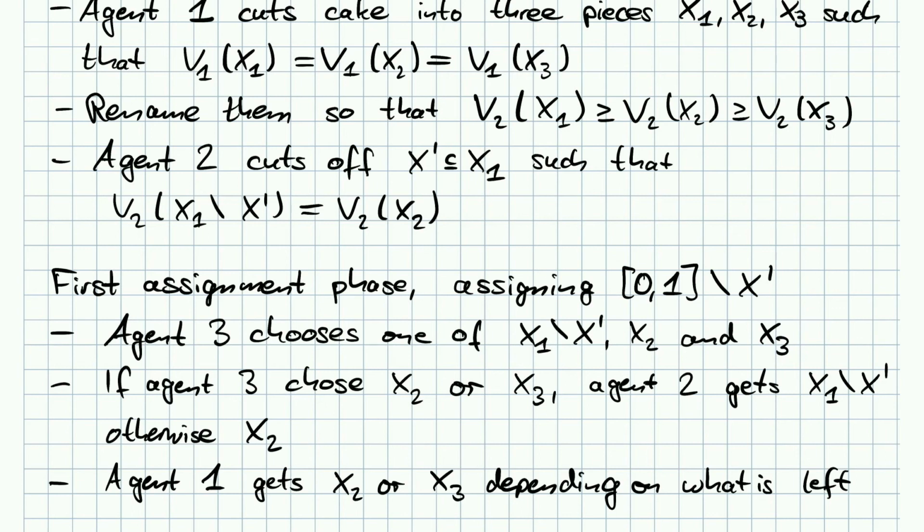And then somebody cuts off something of this piece x1, and then either agent 2 or 3 is taking away this x1, take away x prime. And so regardless of whether agent 1 now gets x2 or x3, they certainly won't envy the agent who's getting x1 take away x prime plus something else.